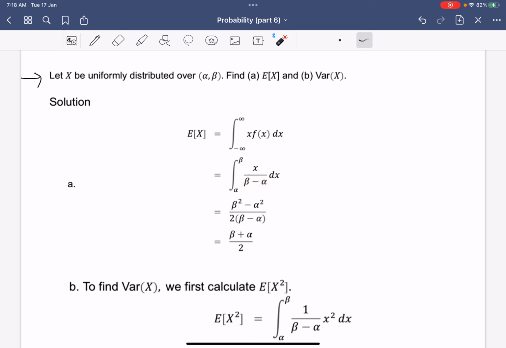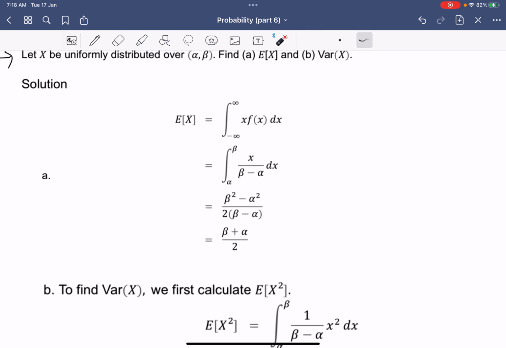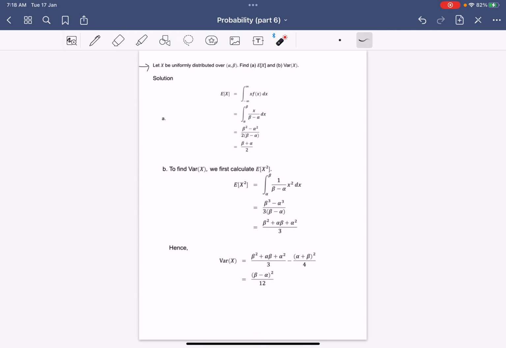It's so simple, because now it's just x squared over 2 over beta minus alpha. Then you evaluate at beta, minus away the evaluation at alpha, and you result in alpha plus beta over 2, which is very intuitive, because if you have a constant function, the expected value will be the midpoint.